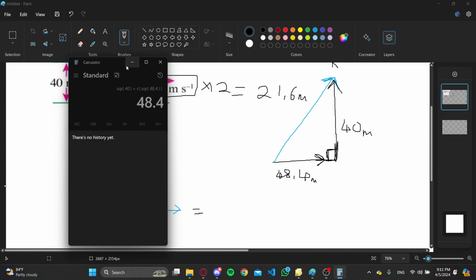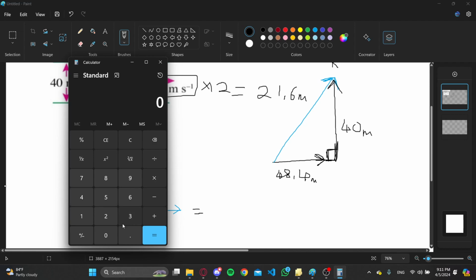Yeah, 40 squared plus 48.4 squared. There we go. No, that's too big. 40 squared plus 48.4 squared. Alright, and now I want to square root this. This ain't right. I want to square root this. What?